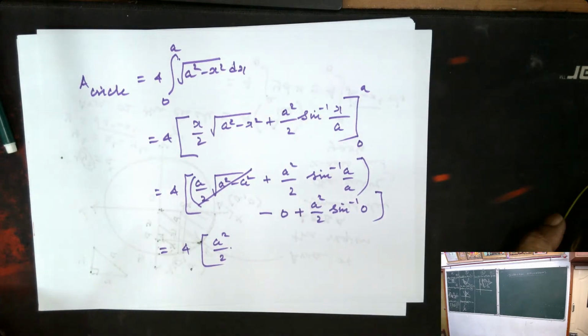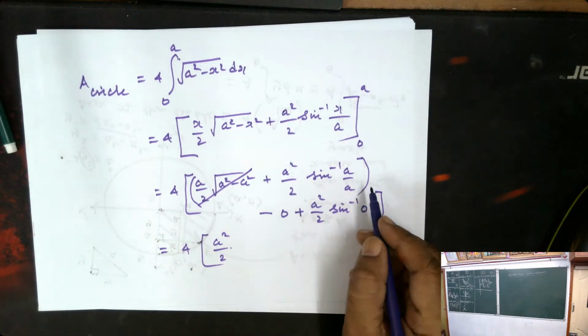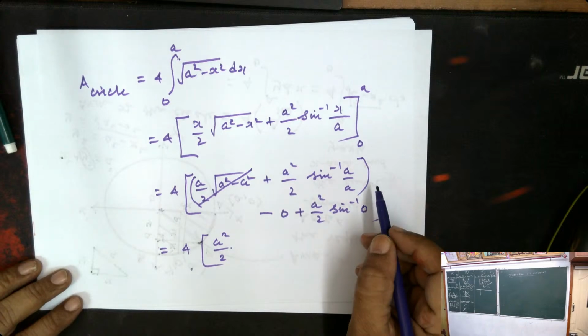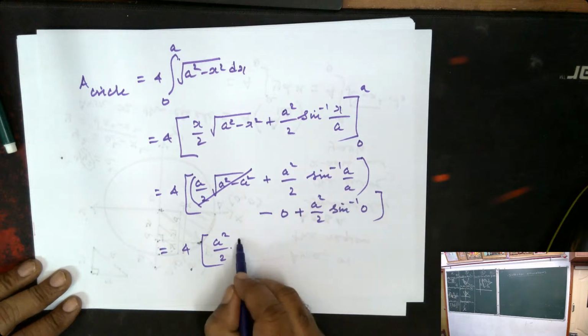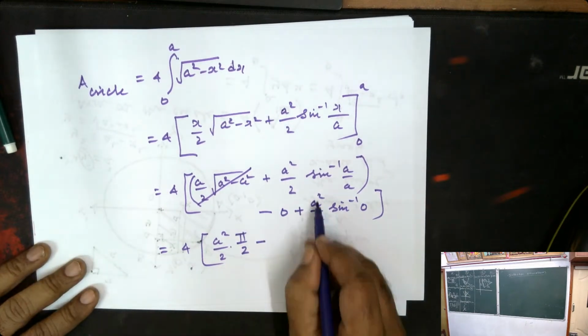So sine inverse of 1 is nothing but, sine 0 is 0, for which value this is 1, pi by 2. So you can have pi by 2 minus, and what about this?